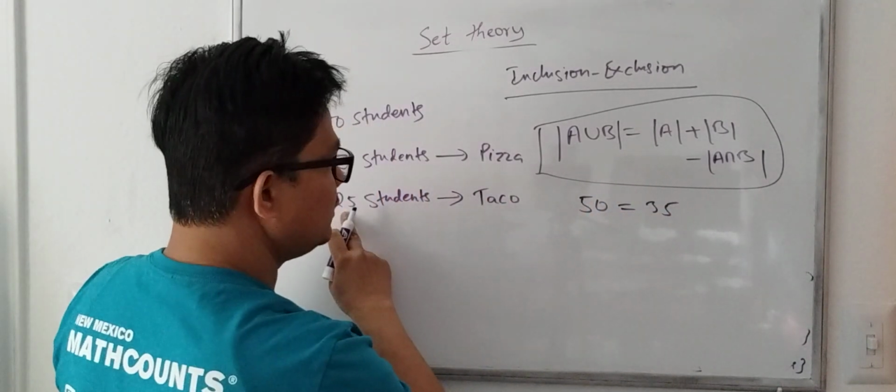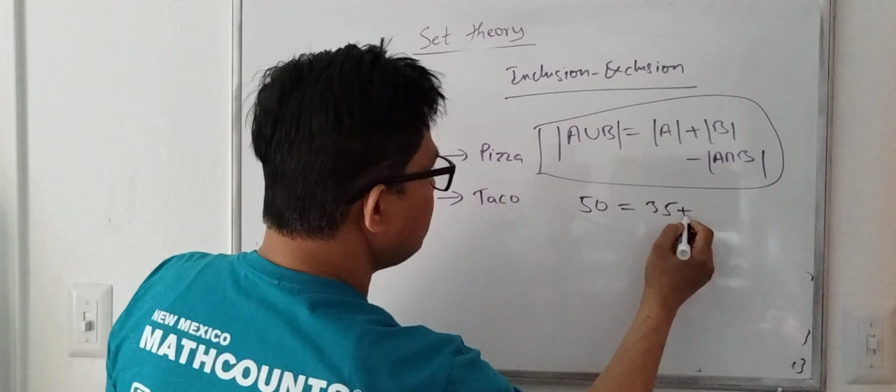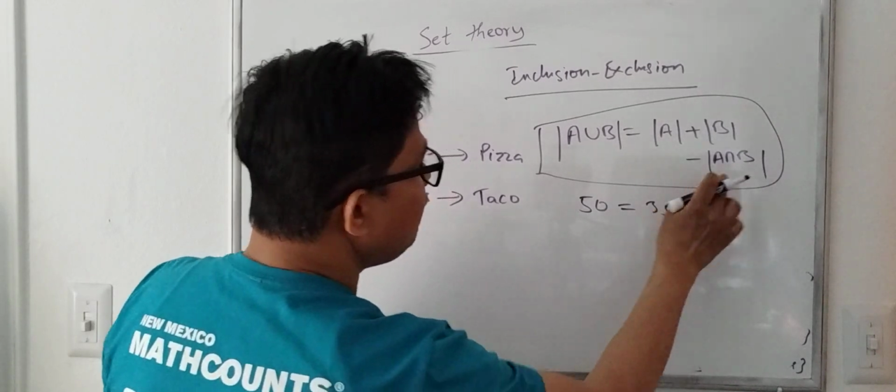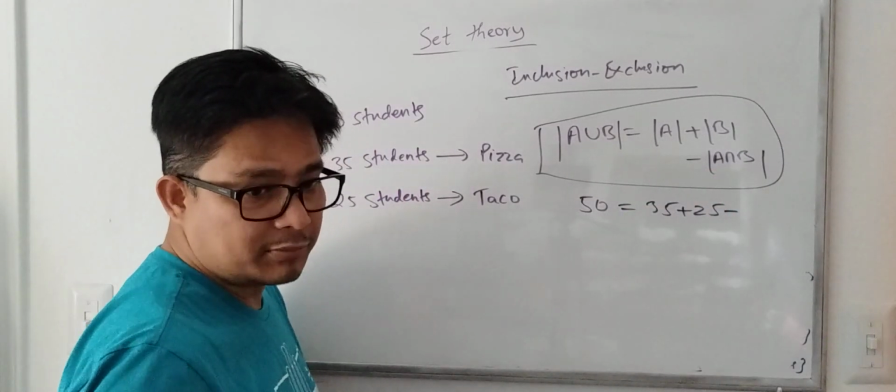What is size of B? 25. We have to find how many elements like both.